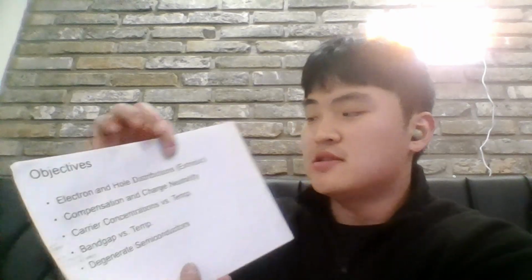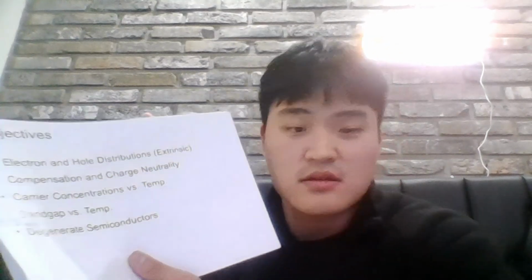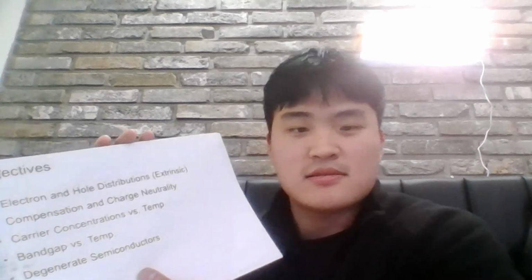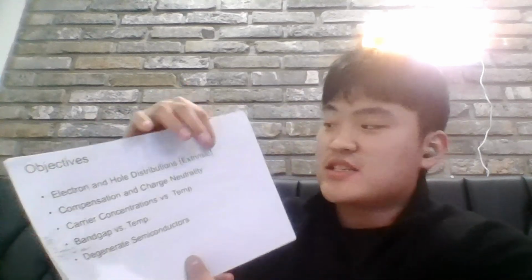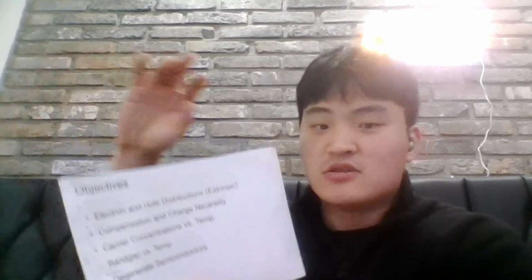So an extrinsic semiconductor is a semiconductor to which the dopant, I mean the donor and acceptor, is added. So I said what I said before.